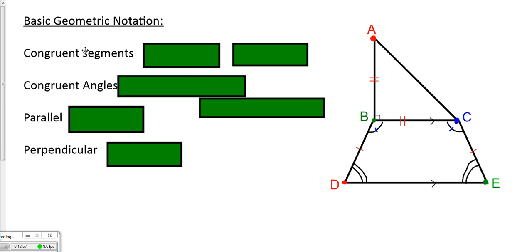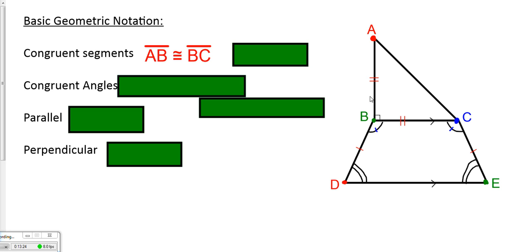Congruent segments basically mean segments that are equal to each other. They're the same length, but they're not in the same exact spot. So congruent segments would be like A to B and B to C. A to B is the same length as B to C. When you look at the picture, notice that these 2 marks and these 2 marks are drawn right on there.